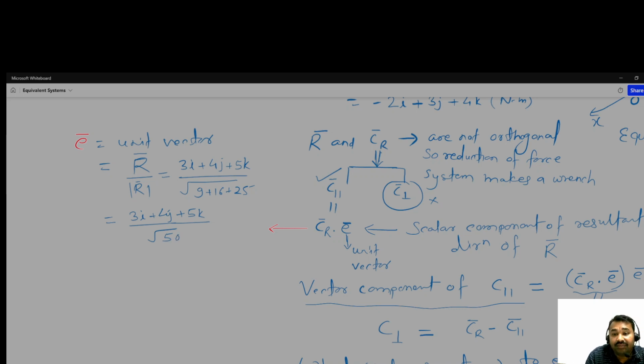Then coming to this part, it is the multiplication of CR. Once again, C parallel we have to get.